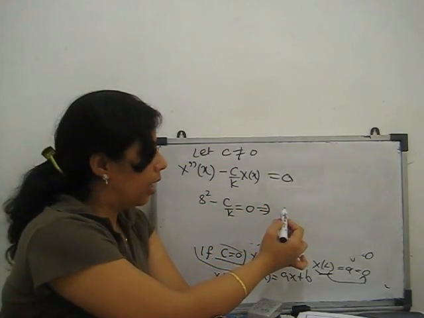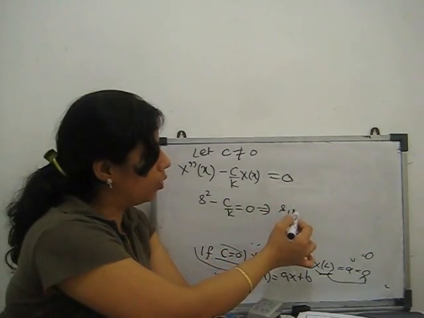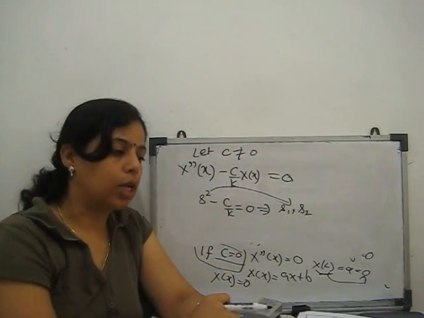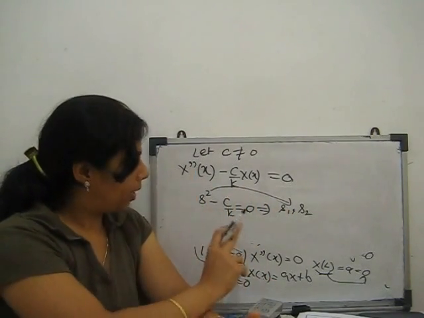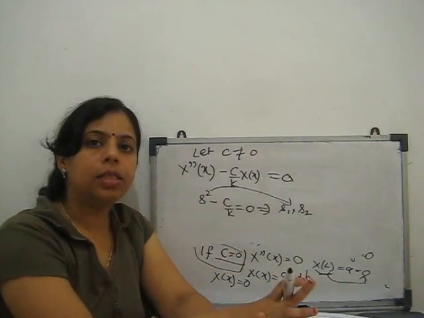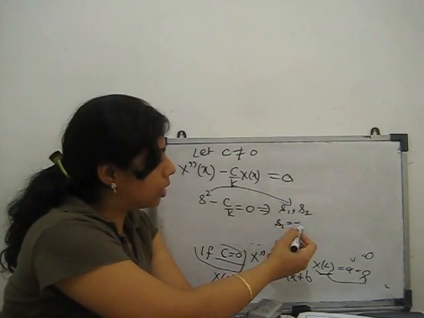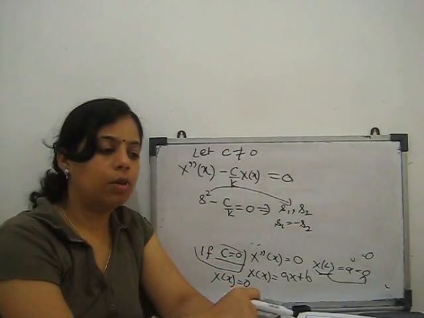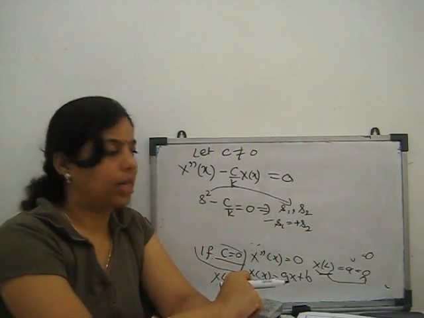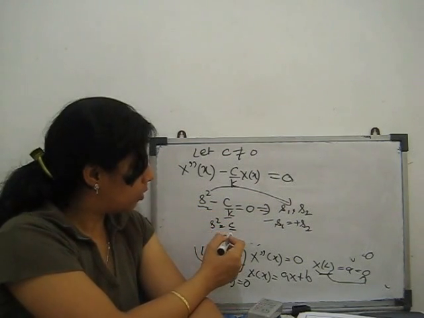So the roots are s1 and s2, correct? Because it is a quadratic equation it will give two roots, but because s square is equal to c by k, both roots are equal but opposite in sign.